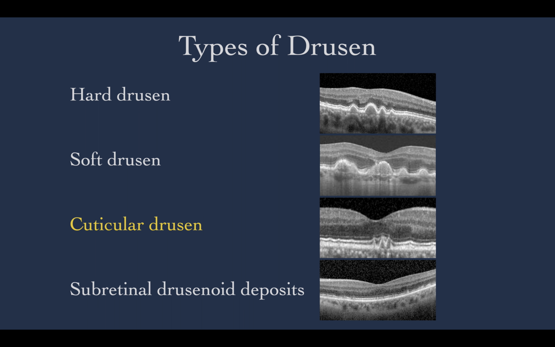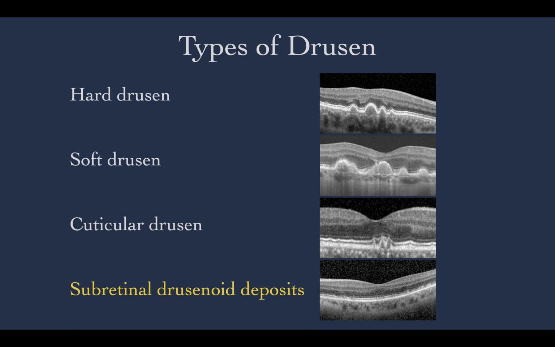They occur often in middle-aged individuals and are usually asymptomatic. Cuticular drusen may be associated with AMD, but also dense deposit disease and causative variants in the gene CFH.